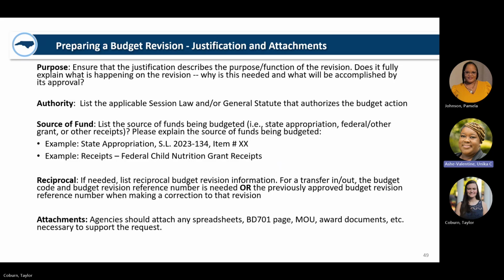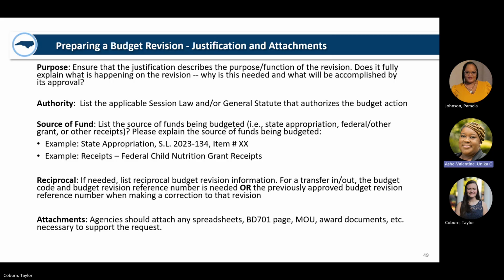Authority, this is very important. Agencies need to be able to list the session law, general statute, or agency statute that authorizes the budget action. The reason why this is important is because IBIS keeps a historical record of revisions, just in case the revision needs to be pulled to see if it complies with state law.